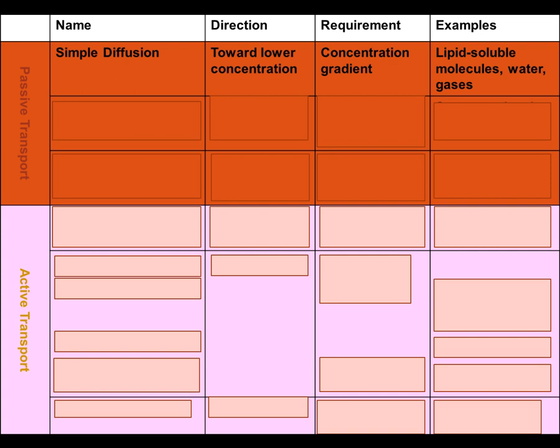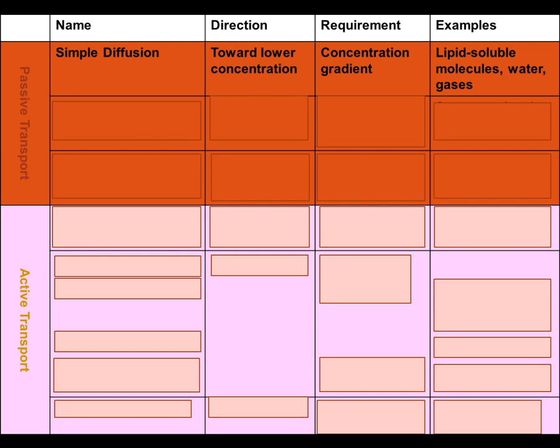Some substances that are big or polar still need to get across the membrane, but we don't necessarily always need to use energy to move them. So what can we do to get larger and/or polar particles across the cell membrane passively?